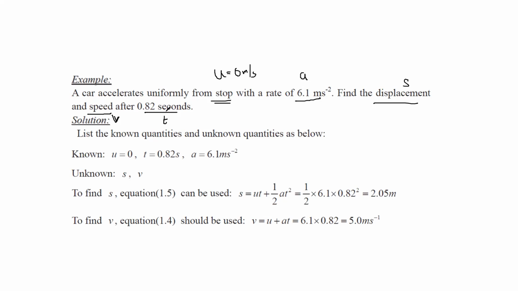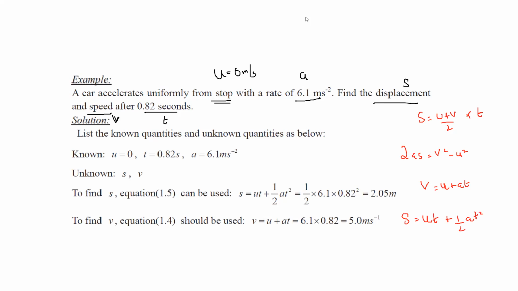So first I will write all four equations, and then I will sort out which one is useful for calculation. s = (u + v)/2 × t, 2as = v² minus u², v = u + at, and s = ut + ½at².